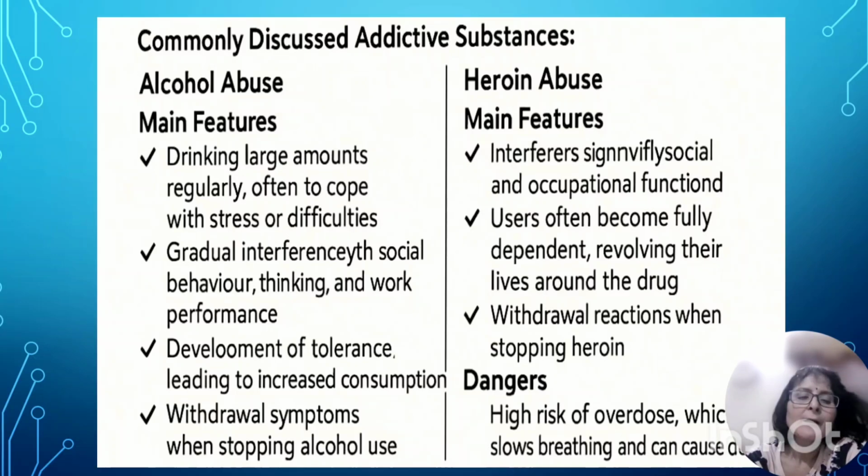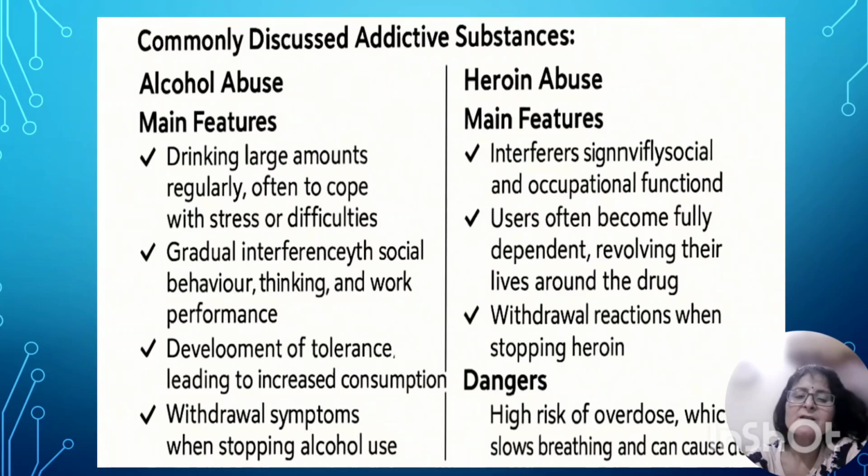Then gradually their social behavior, thinking and performance all lower. With the development of tolerance, there is an increase in consumption, as I was explaining, and withdrawal symptoms when stopping alcohol use.